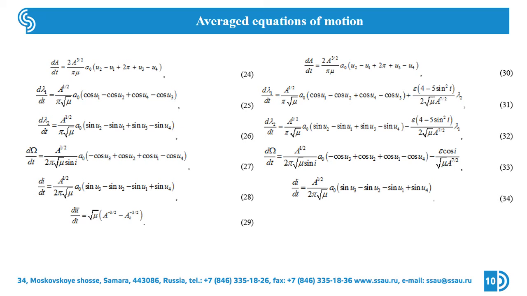Therefore, the long-term change in the orbital elements due to the influence of corrective acceleration and the influence of the non-central gravity field of the Earth can be described by the following system of equation 34.